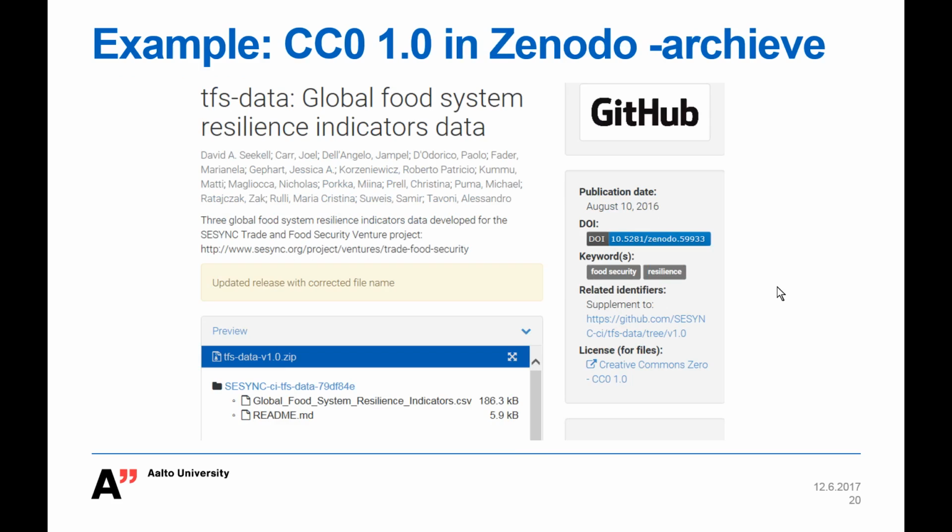Here's another example from the Zenodo data archive. This is now published. Global Food System Resilience Indicators data is published using the CC0 waiver.